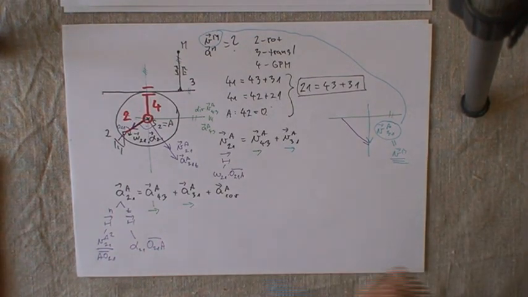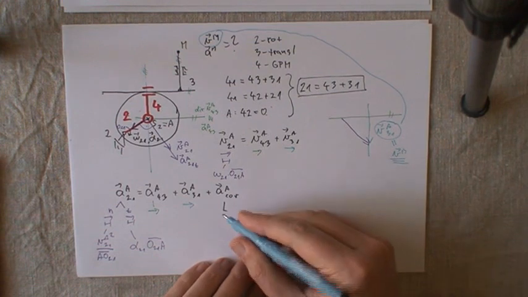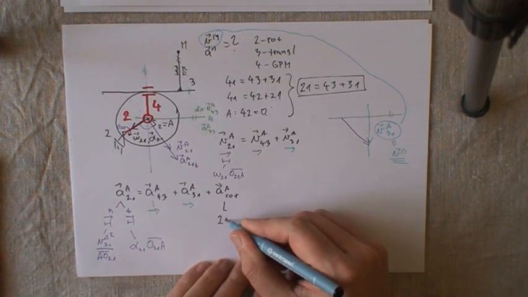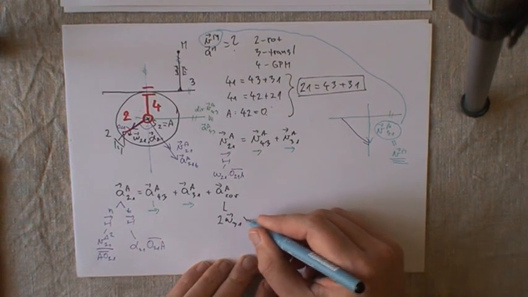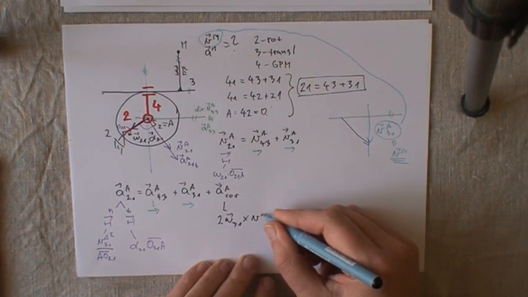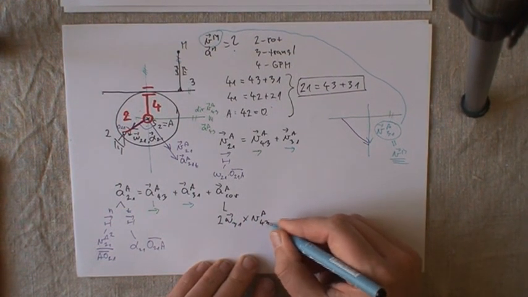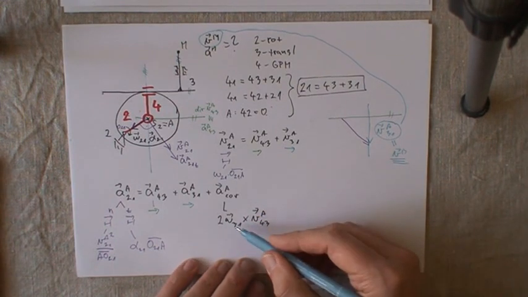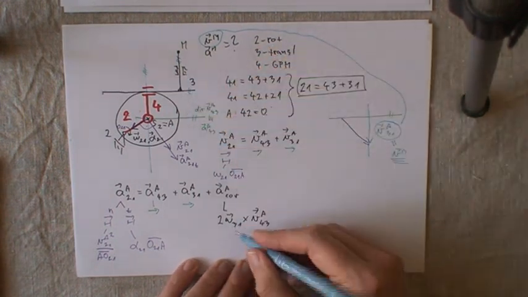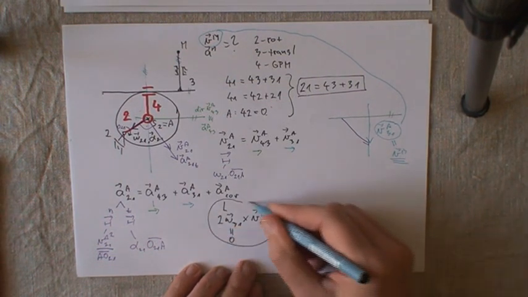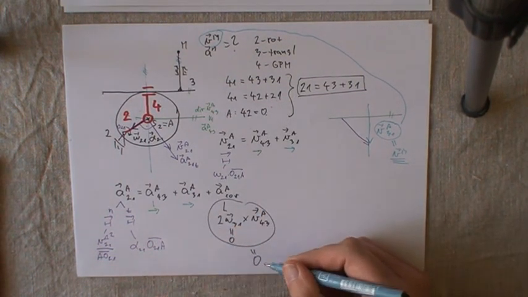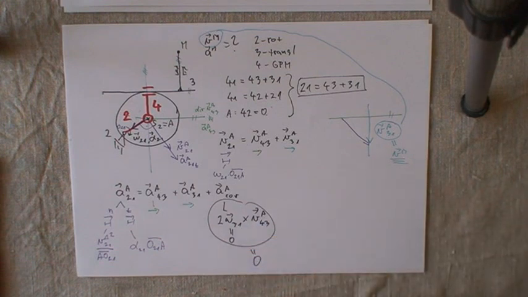And the Coriolis, well, this one is easy, right? Because it's 2 omega carrying 3,1 times V relative, VA43. Now, because 3,1 is translation, omega is equal to 0 and the whole component is equal to 0. So there is no Coriolis here.